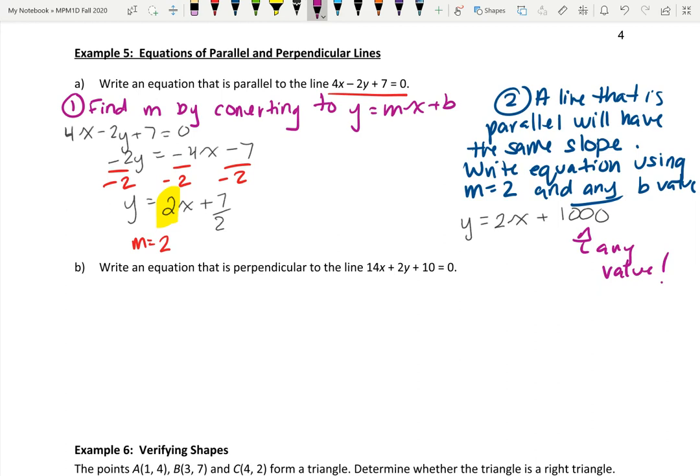And B, write an equation that is perpendicular to this given one. So again, first things first, we're going to find the slope by converting it into slope y-intercept form.